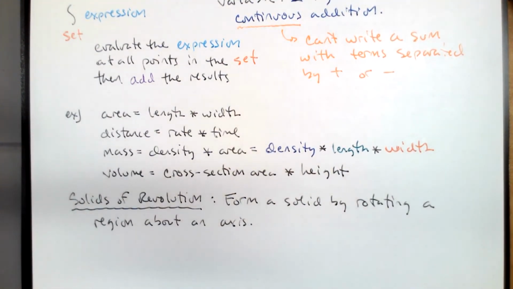We're going to form a solid by rotating a region about an axis. And then we're going to set up an integral to find the volume of the solid. Then we're going to use our calculator to find the actual volume of the solid.